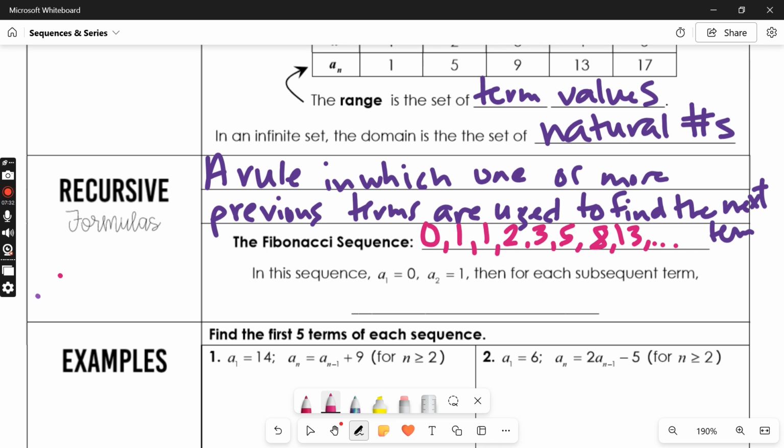And then for every term after that, we say a sub n, so that would be our next term, is equal to the previous term, a sub n minus 1, plus the term before that, a sub n minus 2. Okay, so a sub n means our next term, in this case for recursive, is going to be the previous term plus its previous term.